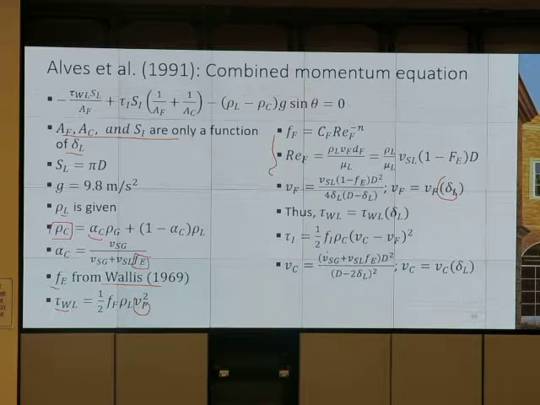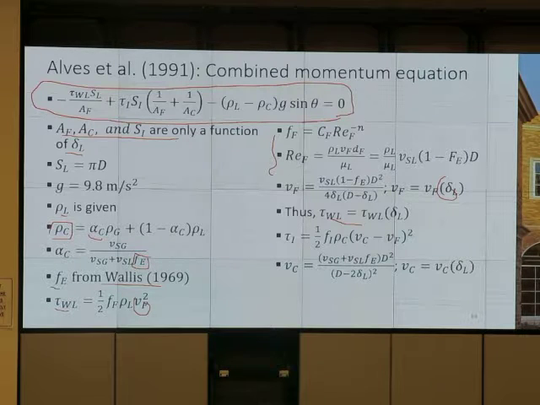Tau I is capital I. Capital I is a function of thickness. So tau I is also a function of thickness. Everything in this combined momentum equation is a function of thickness. Make sense? Now we have two options. Option 1, regular version, do dimensionless form.